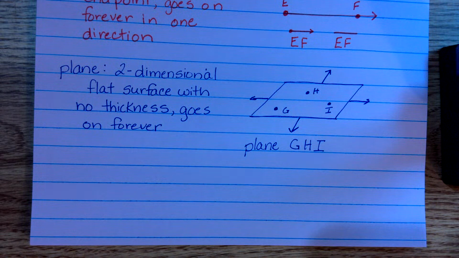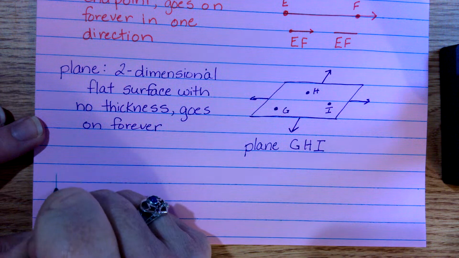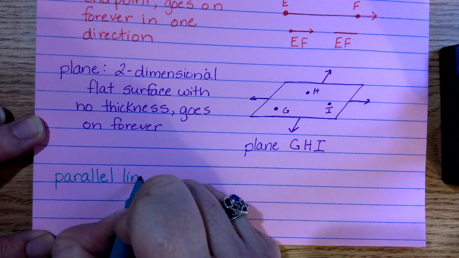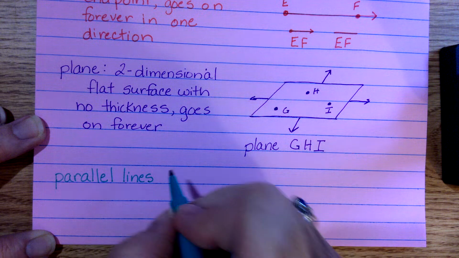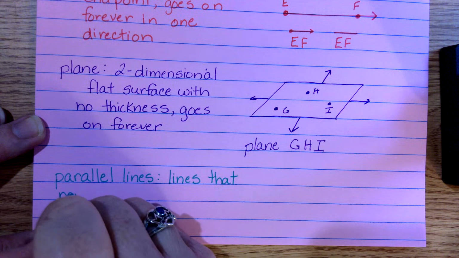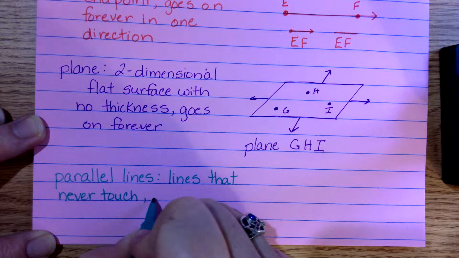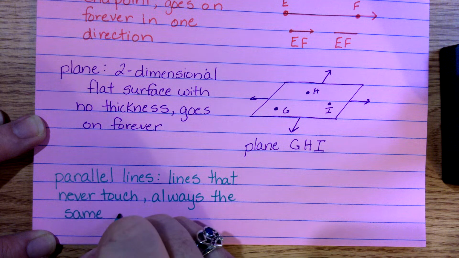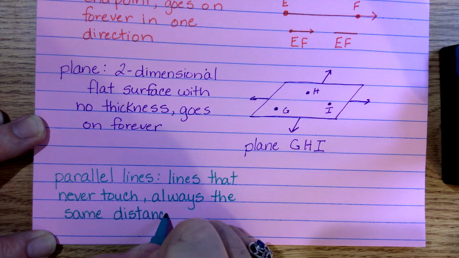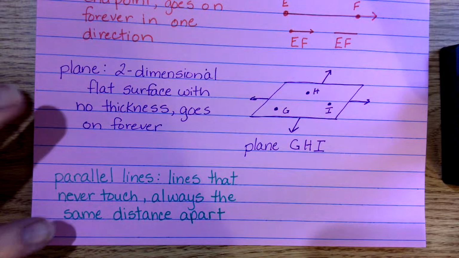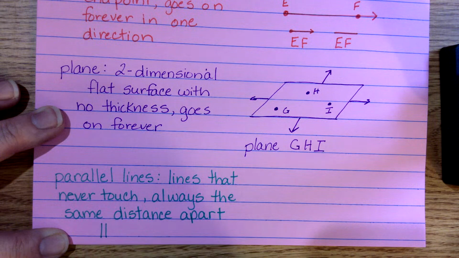We have a couple different types of lines that we're going to look at. The first one that we're going to examine is probably a term that's familiar to you, and it is parallel lines. These are lines that are always the same distance apart. Parallel lines are usually notated with 2 lines that look like that.